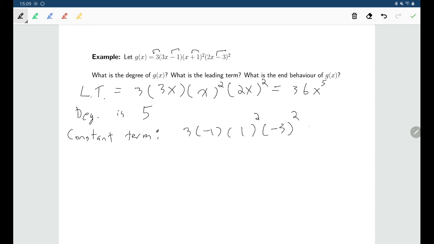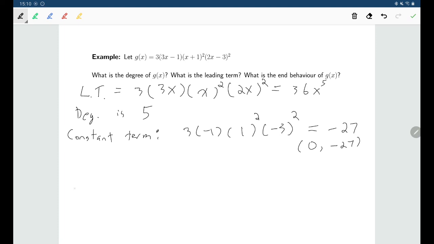So we would have our constant term of negative 27 if we were to multiply that out. That tells you, just as a little side note, that if we were graphing this, we would have a y-intercept of (0, negative 27). Remember, that was from back in 3.2. We said that one of the nice properties for polynomials is that whatever the constant term is, that is the y-coordinate for the y-intercept. So for this polynomial, we already have one point. It passes through the y-axis at y being negative 27.